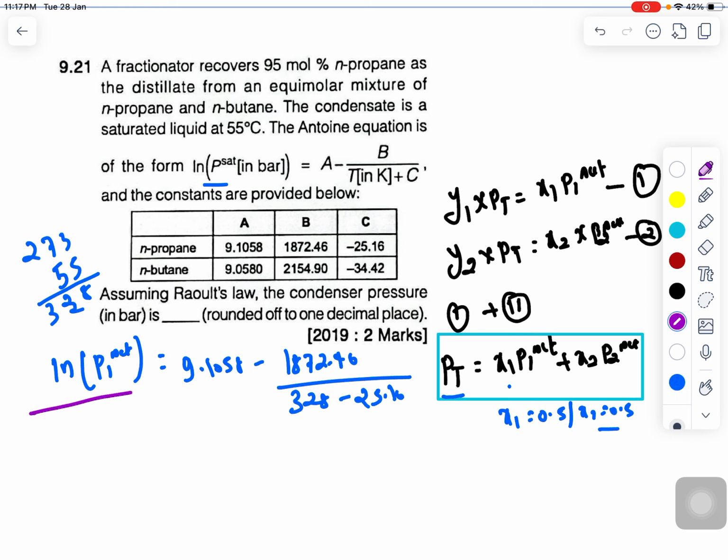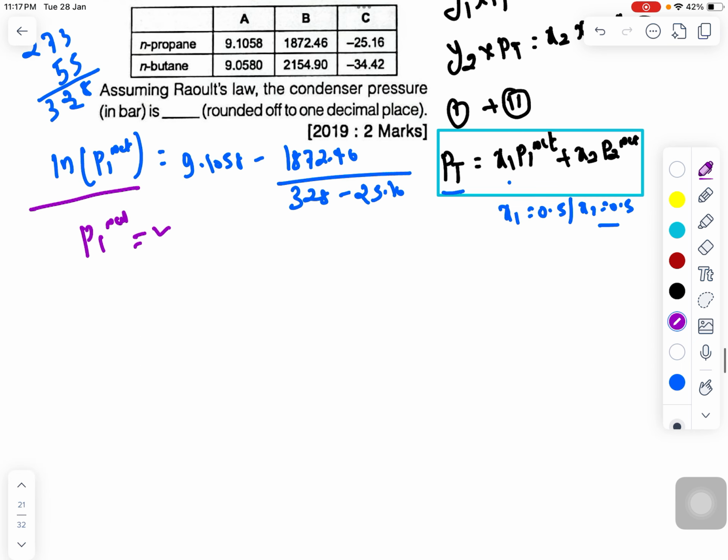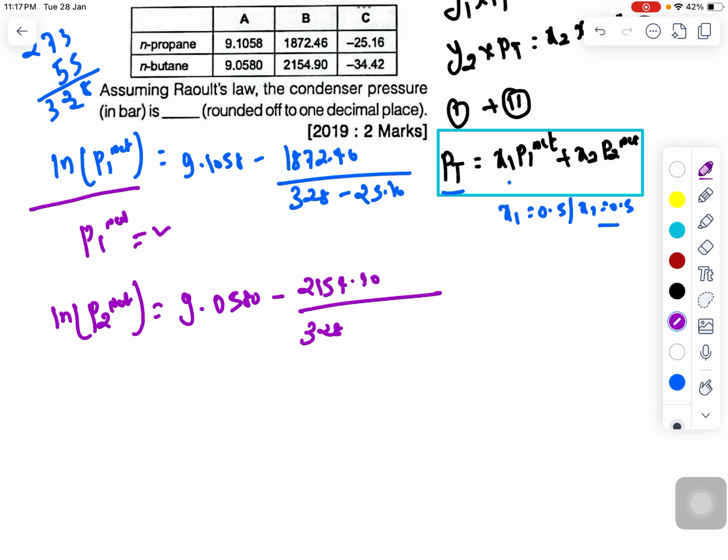From here you can calculate the value of P1 sat. Again, for ln P2 sat, you can calculate 9.0580 minus 215.90 divided by 328 minus 34.42. From here you can calculate the value of P2 sat.